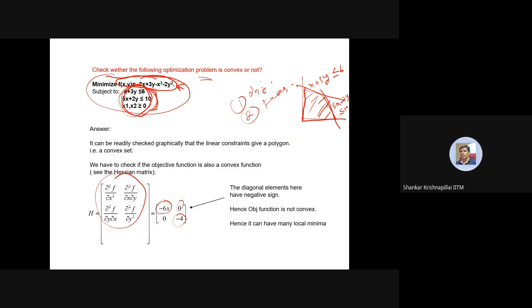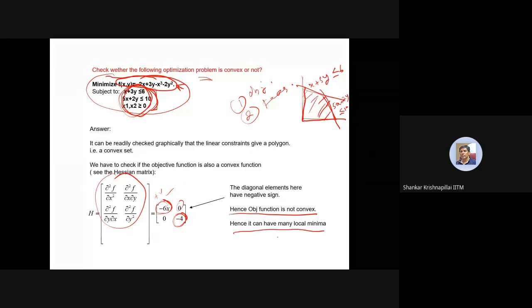This minus 6x is okay because for certain values of x, minus 6x will become positive. But this minus 4 will always be minus 4. It will not go away. So at least one diagonal element is always negative. So the objective function is not convex and it can have many local minima.